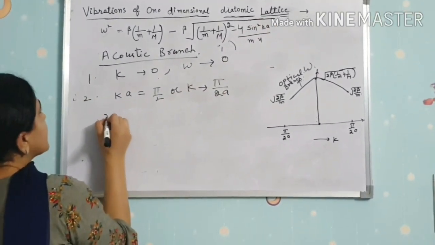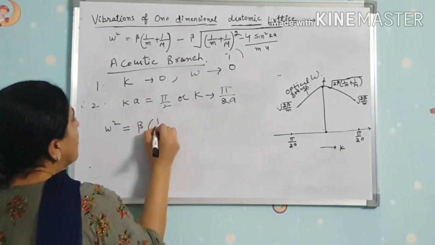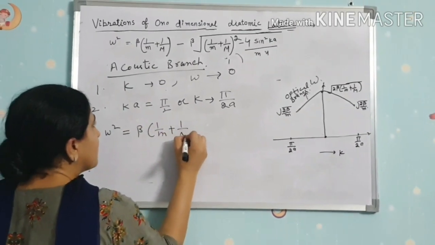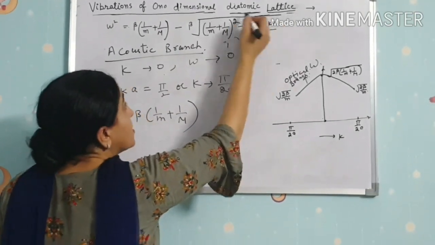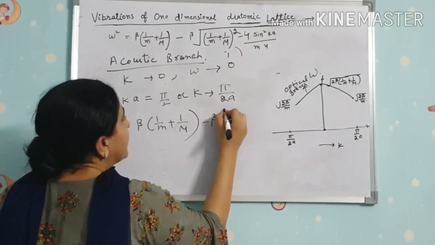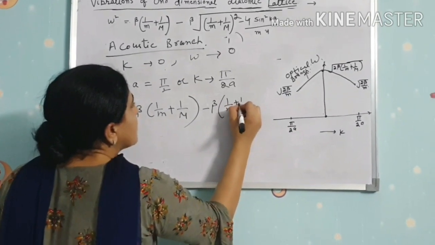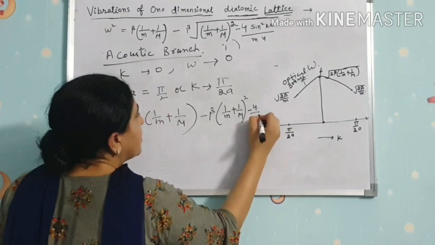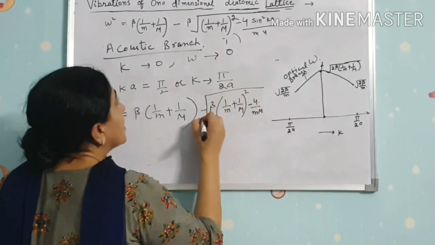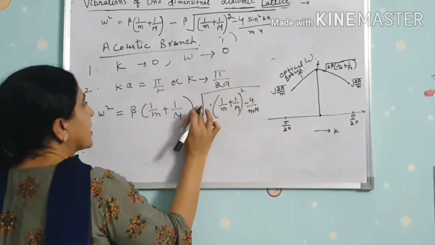Then omega square is equal to beta (1 over m plus 1 over capital M) minus beta under root of (1 over m plus 1 over capital M) whole square minus 4 over m into capital M.